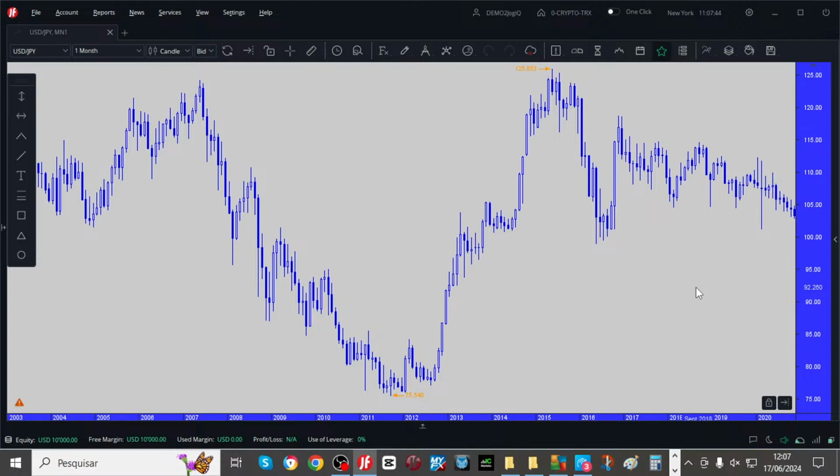This is the USD JPY monthly chart. We are going to learn about the 3 trend lines. Tell me everybody, is this market in an uptrend or is this market in a downtrend? What would be the answer? This is what you see. What would you say? Should you sell or should you buy, based on what you are seeing?